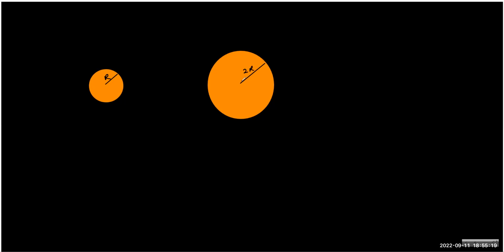For what charge relation will the potential be the same on both? If I choose a charge capital Q here, what should we choose here to make the potential same? 2Q, because the potential is the Q by R ratio, right?